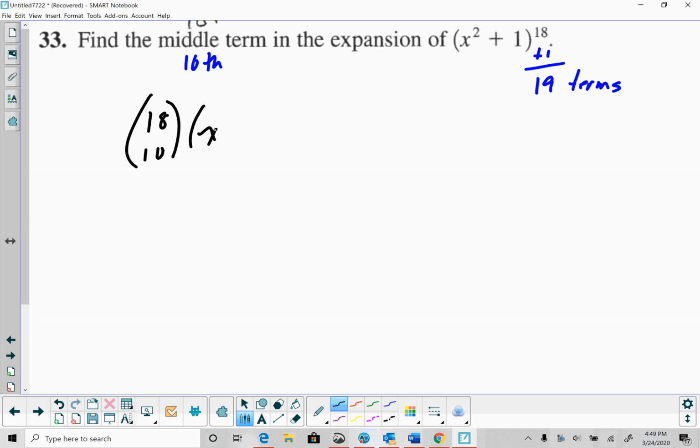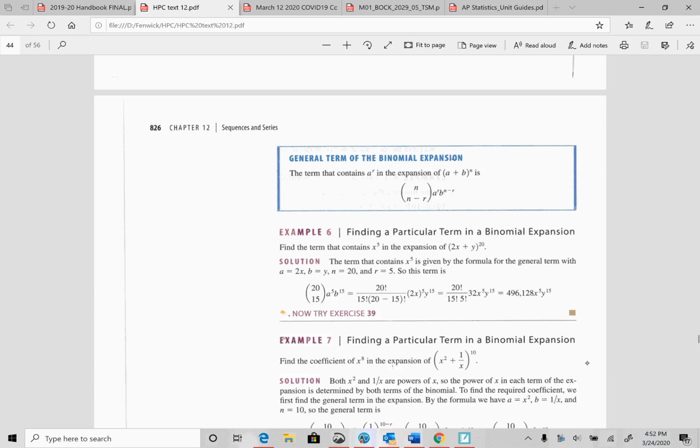And then it should be the x squared that we're taking to the... I'm sorry, the way they wrote out the general term here for any particular term, that bottom number there should be n minus r. Okay, so again, in this case, n is 18. We're looking for the 10th term in this.